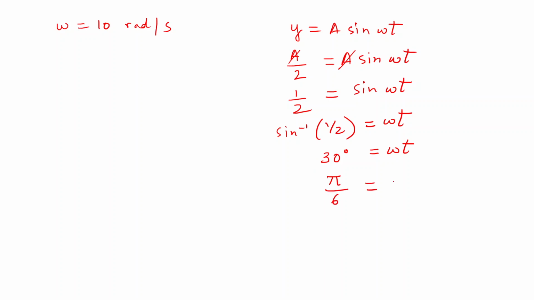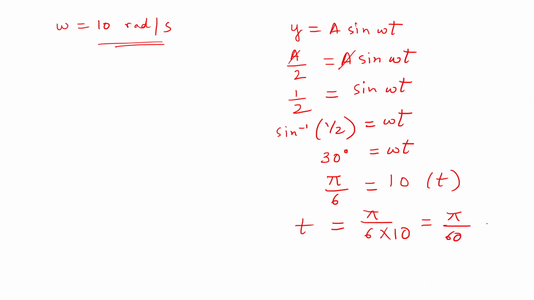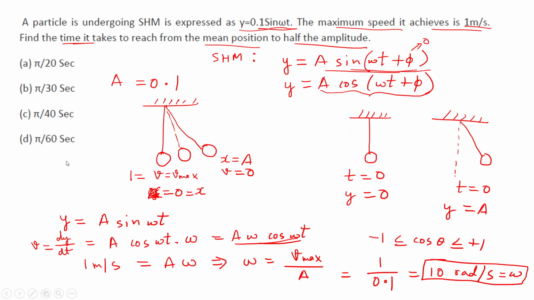And the omega value we found is 10 radian per second. From this we can find the time: pi by 6 divided by 10, so this will be pi by 60 seconds. So the answer is pi by 60 seconds.